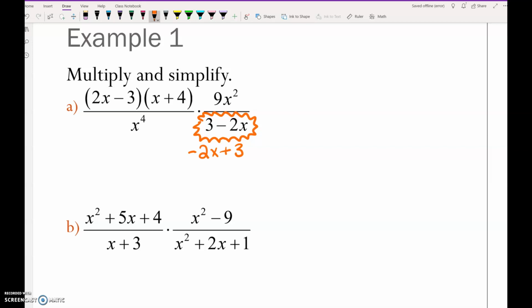Then what I notice is negative 2x plus 3 is kind of similar to this one. Is there any way we could make it look exactly like that one? If we pulled a negative 1 out, negative 2x divided by negative 1 is positive 2x. 3 divided by negative 1 is negative 3.